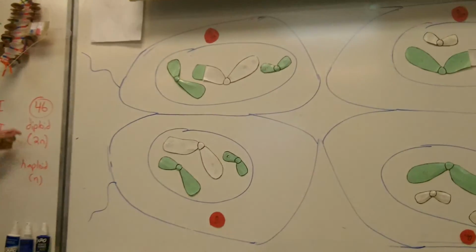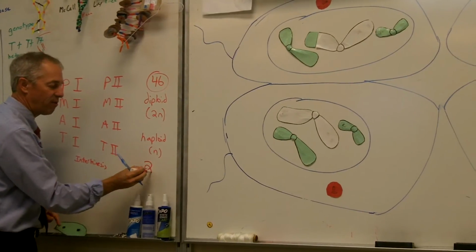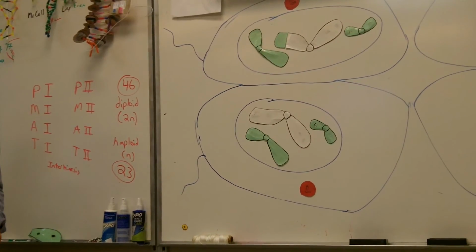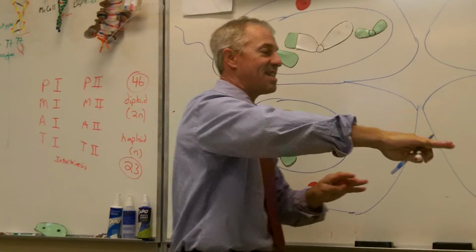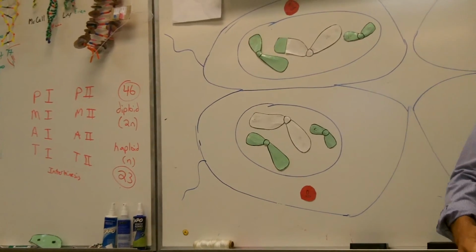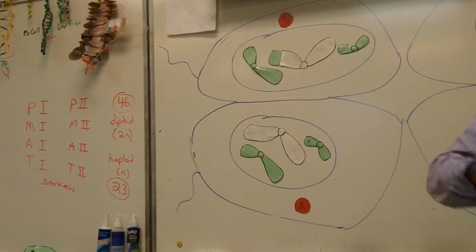So humans, you start with 46, and you end up with half, 23. So these are haploid cells. This sperm that has 23 fertilizes an egg that has 23, and you end up with a new cell that has 46. And that can grow into a human.